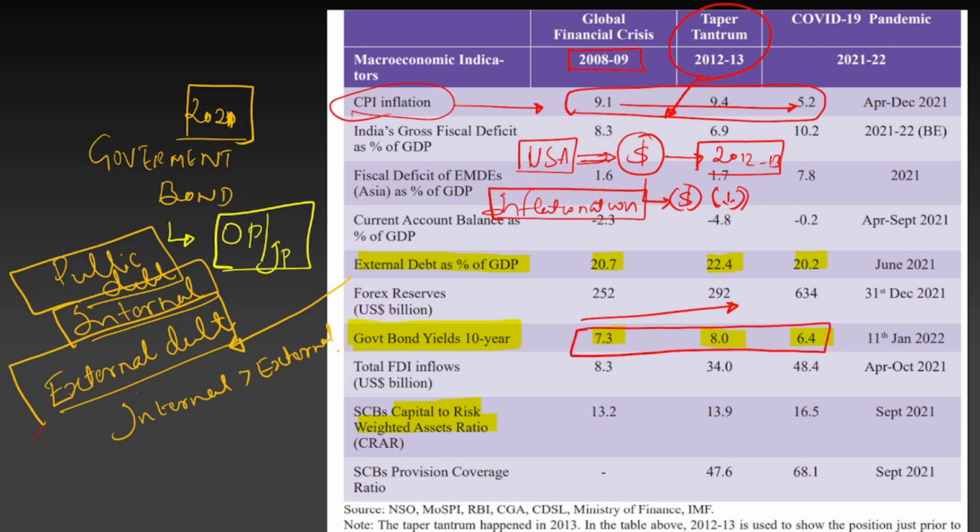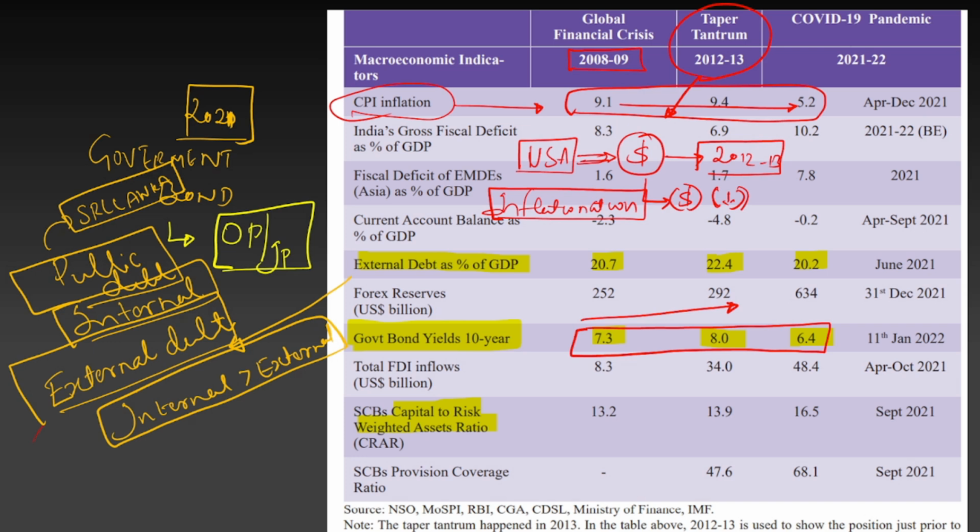Internal debt is high. External debt, see, is about the sovereignty of a country. Look at Sri Lanka's state right now. It is in a very bad state of economy because the external debt is very high. So any country, if it has to be sovereign and powerful, will always maintain internal debt, where they use the money in their own market for their betterment. They are not going to depend on outside.